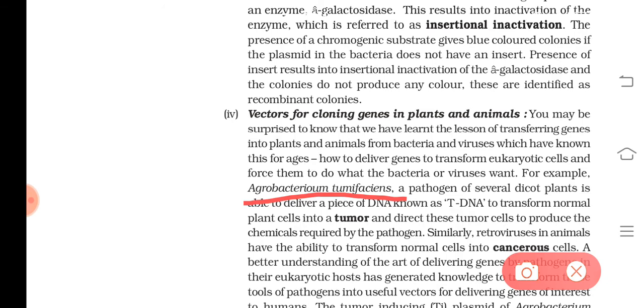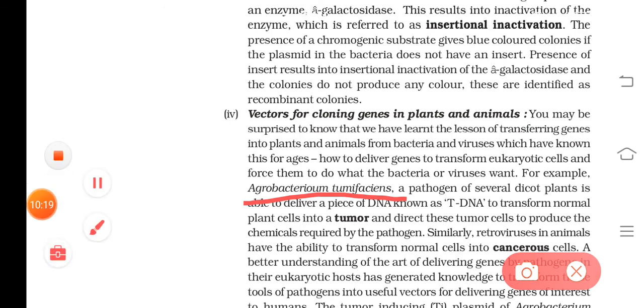And then what happens, the plant cell will start producing tumors. Is it clear? That is, Agrobacterium tumefaciens is a pathogen, and it delivers a piece of DNA known as what, tDNA, into the host cell to transform a normal plant cell into a tumor.